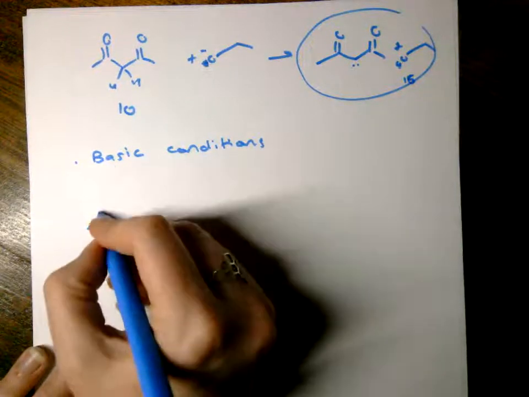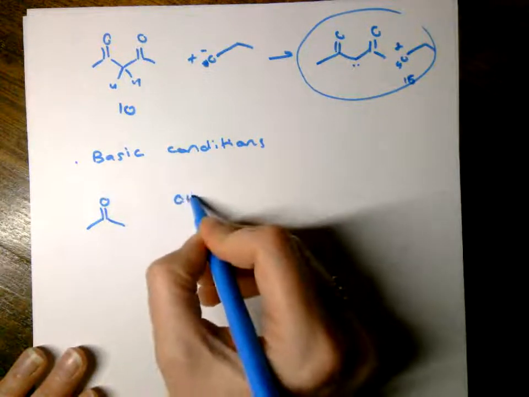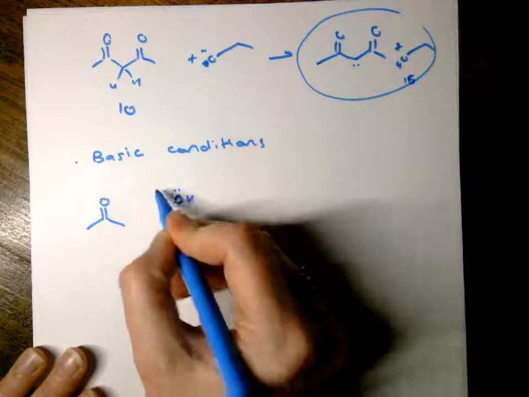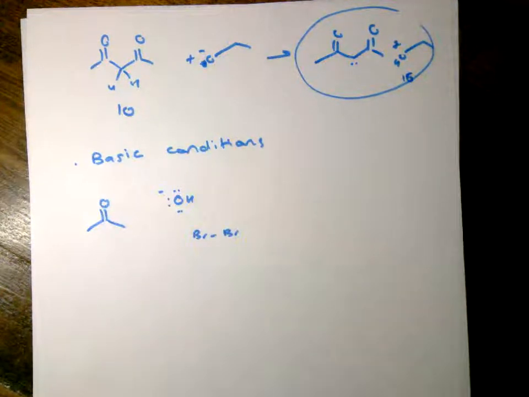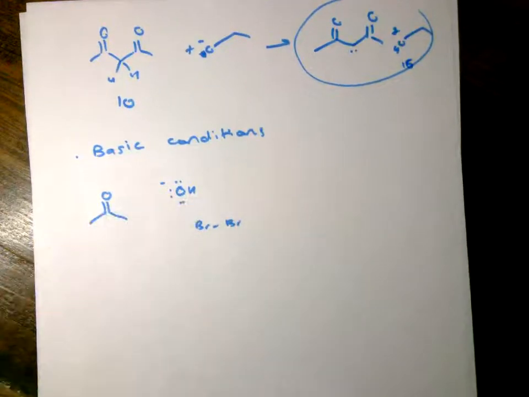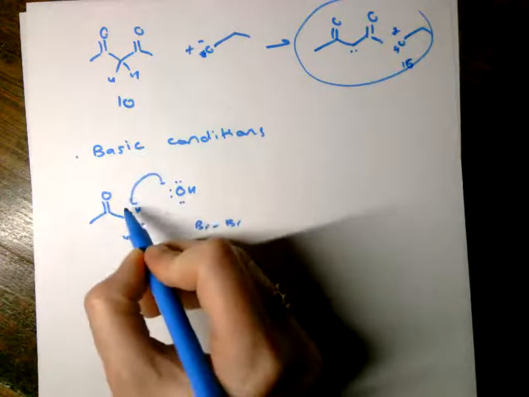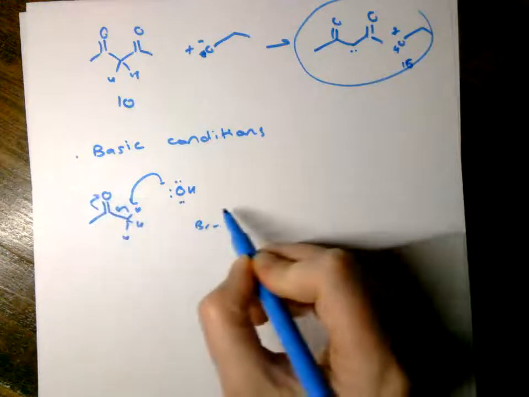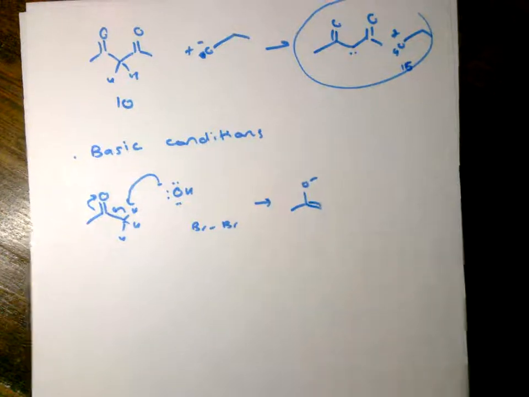And essentially, that would mean you have your alpha proton, and then you have OH minus, and then Br. This is probably going to be less effective because of what we just talked about. This isn't as strong as LDA, but you can do it with this. This will come here, kick up, and you get your enolate.